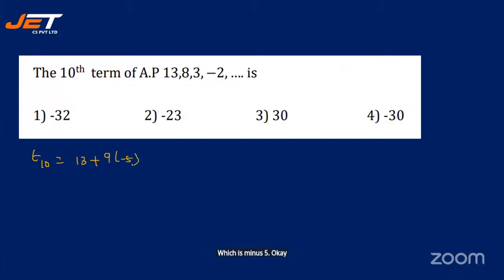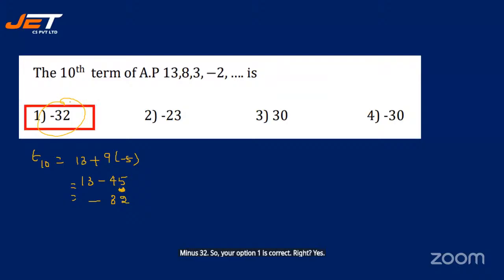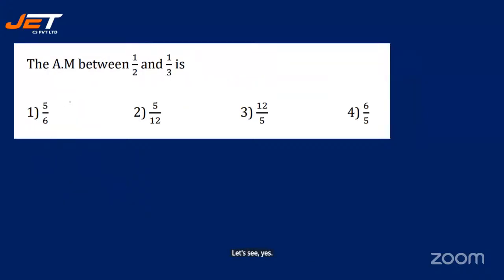So 13 minus 5 into 9: 5 nines are 45, so 13 minus 45 is minus 32. So your option 1 is correct. Right? Yes. Let's see. Yes. Now, see the next question.